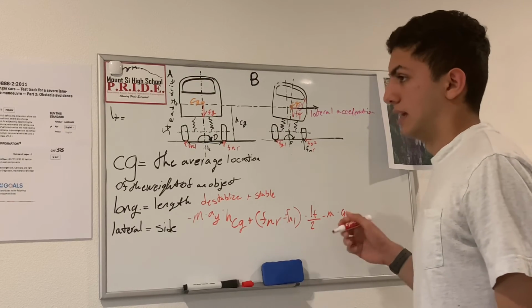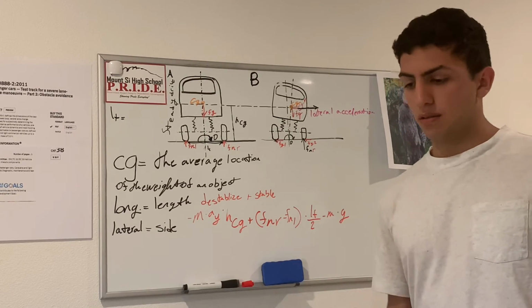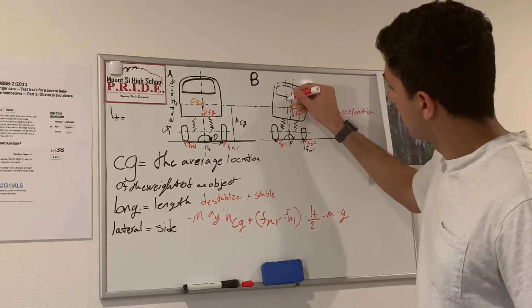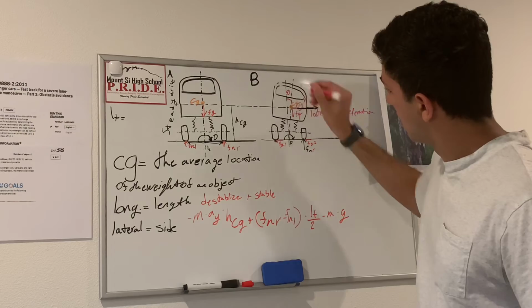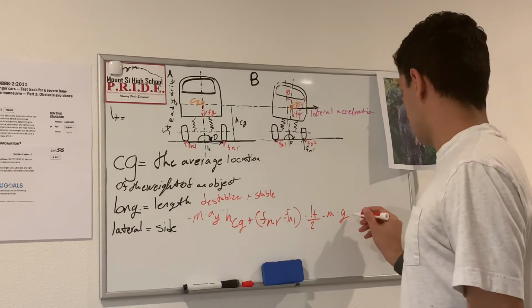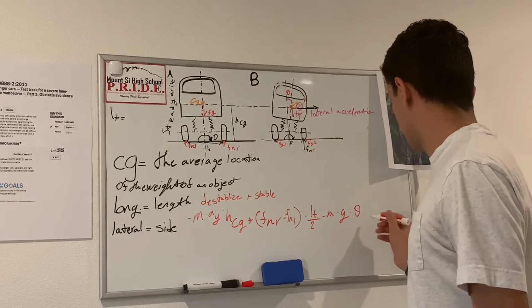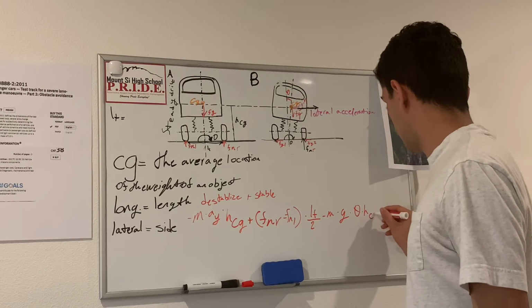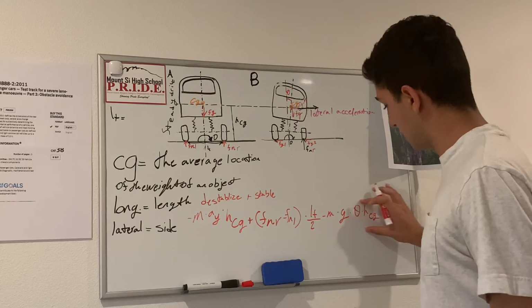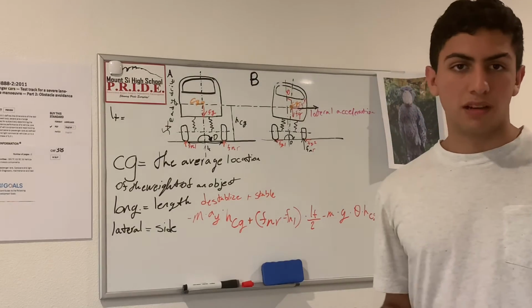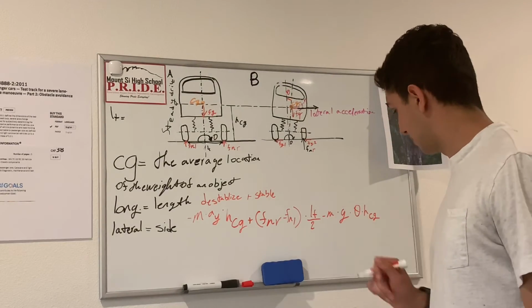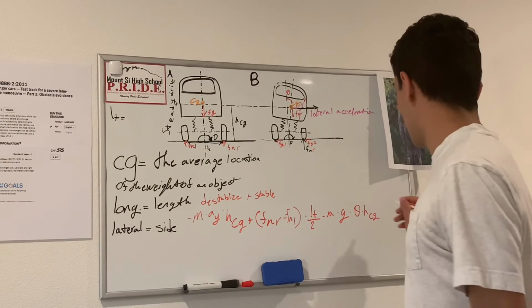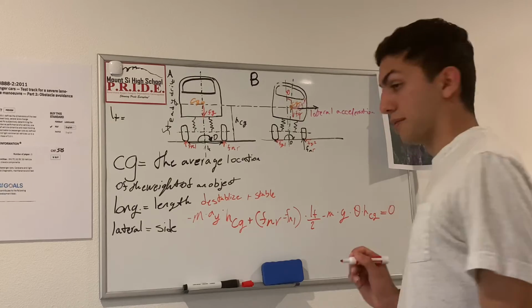And then, okay, so we have to do theta, and theta is basically here. So theta, and then HCG, and this term you can make it basically sine of theta. That's how you can get it. I'll just keep it at this. And this will actually equal 0.